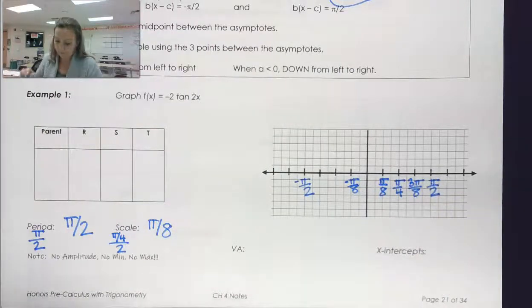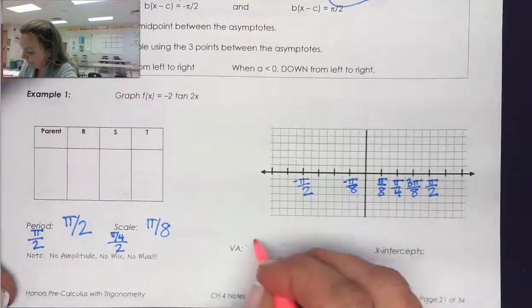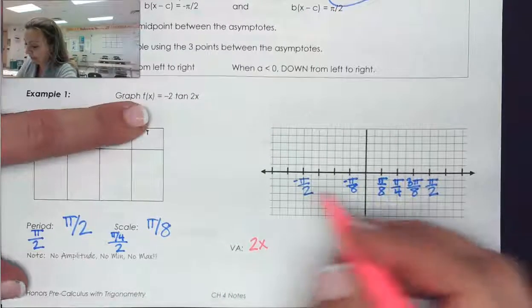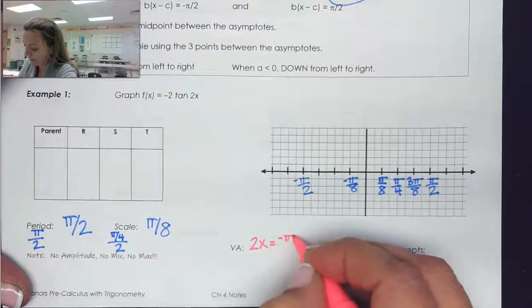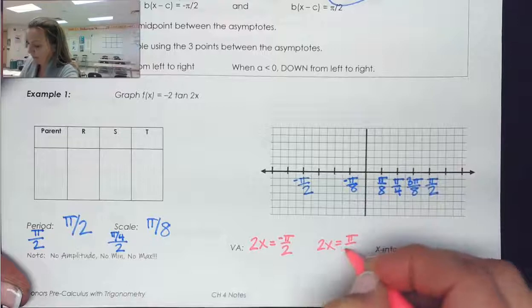So we'll label a couple of those. And it also would be a good idea to determine where our vertical asymptotes are going to be. So we can start by setting our vertical asymptote. We can set what we're taking the tangent of, which is 2x, equal to negative pi over 2, and we can set it equal to positive pi over 2.